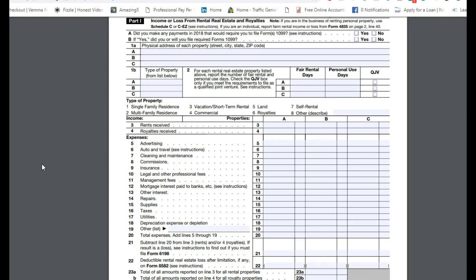That varies based on what type of building it is. And so that's basically what we covered in this video, just part 1 of supplemental income and loss from rental real estate. I'll do another video that's going to talk about partnerships and S-corps and the pass-through income and loss that will go on this form, but in another section of the form. So that's basically the gist of this video.